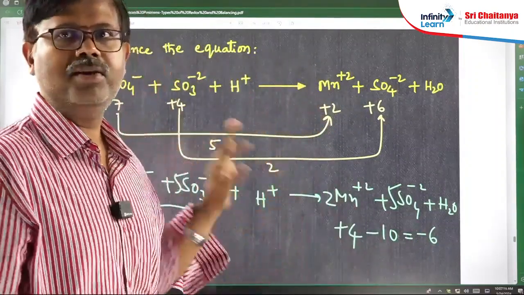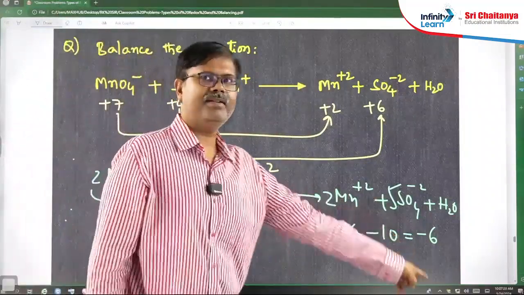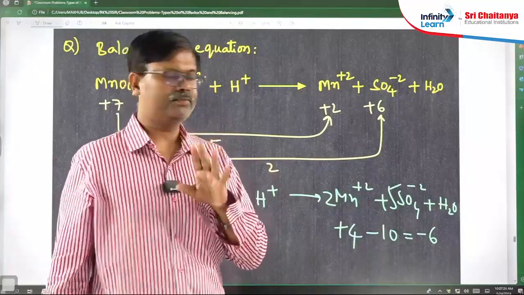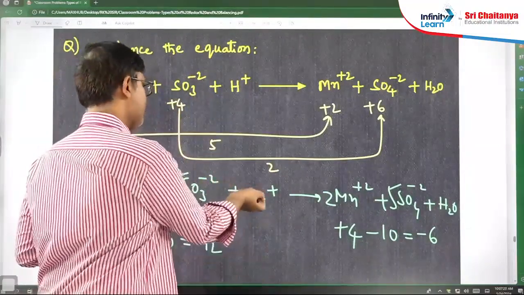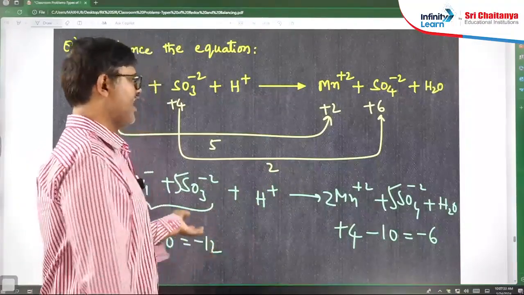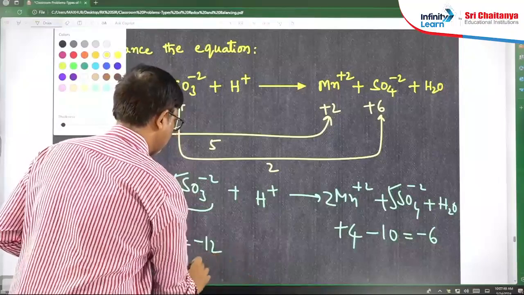So charge is not balanced, we have to balance it. What is the difference? -12, -6, difference is 6. So 6 H plus we have to add. We have to add on the left side only because the lower charge is -12. Add 6 H plus.